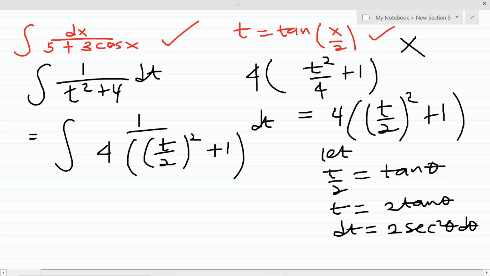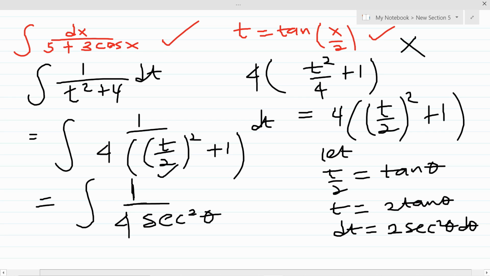That will be it. So now this will be equal to the integral of 1 over 4. Now if t over 2 is tan theta, then if I put tan theta in place of t over 2, I'll get tan theta all squared. Tan squared theta plus 1 is what? Sec squared theta. So I'll put it there straight. If you don't understand this, I have a video on this, you can check it up and watch it.